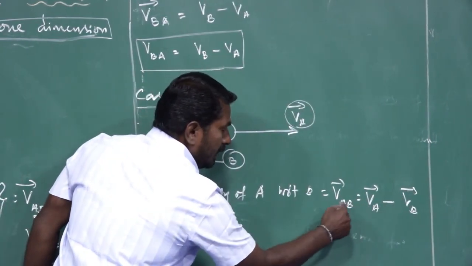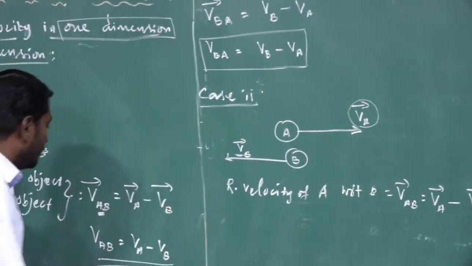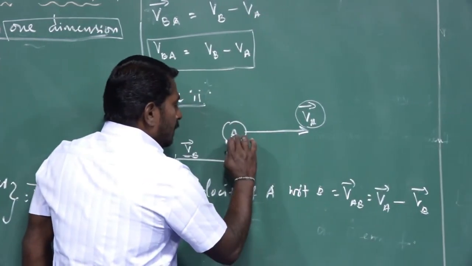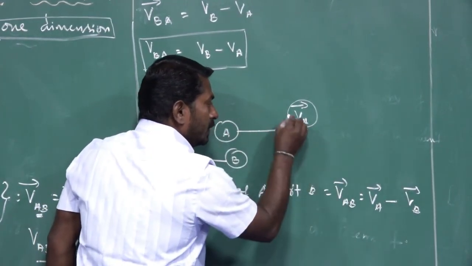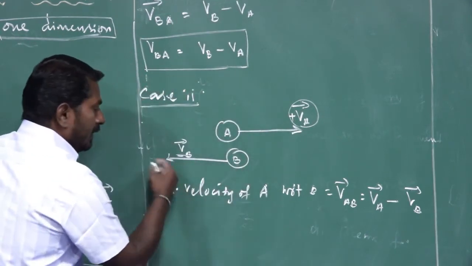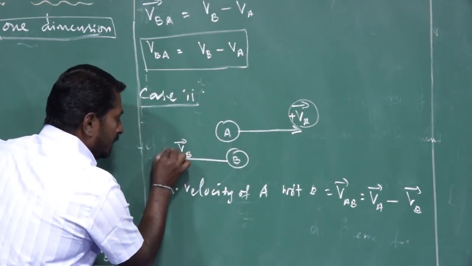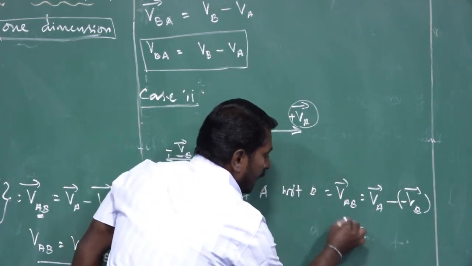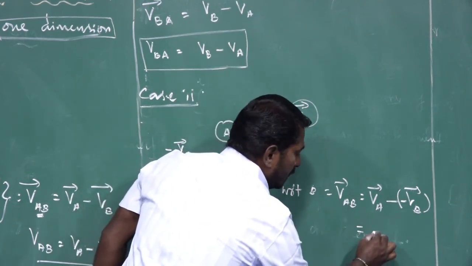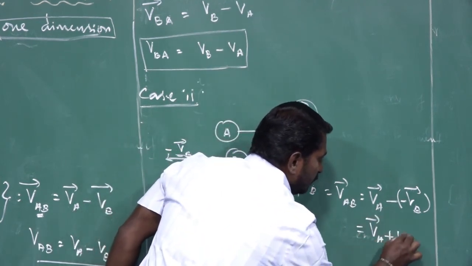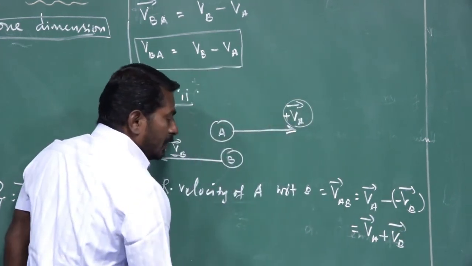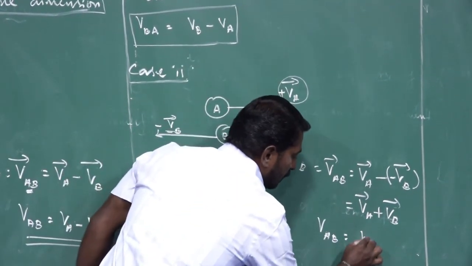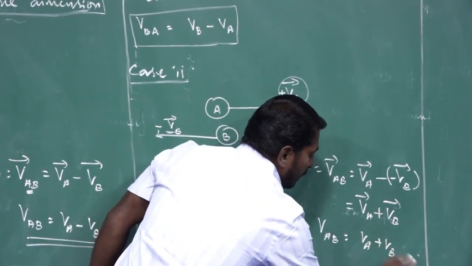In the same case, VA vector minus VB vector here also, but A object traveling towards the positive x-axis is taken as positive, B object traveling on the negative x-axis, that velocity direction is taken as negative. So therefore, VB is taken as negative. So the relative velocity of A object with respect to B object is VA vector plus VB vector. Magnitude wise, it is equal to VA plus VB.